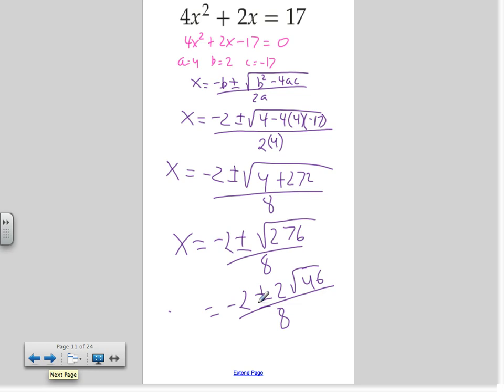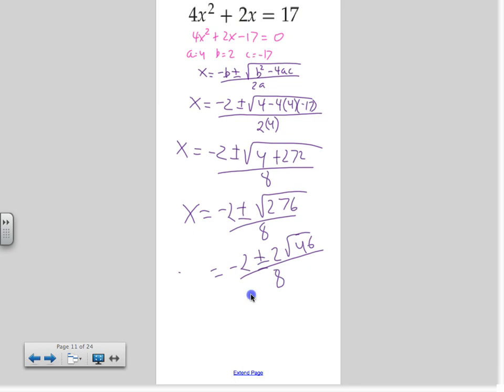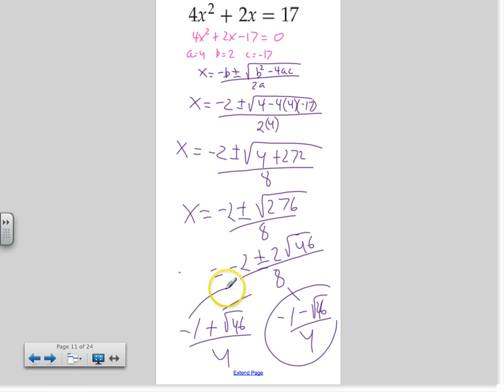Okay, and we split it and write 2 cases, one plus, one negative, and we just leave it like that. That's fine. Or we can simplify this a bit more too. For example, isn't 2 over 8 one fourth? So if you simplify that, here's the first case: negative 1 plus root 46 over 4. And the other case: negative 1 minus root 46 over 4. Because I also simplified the fractions.